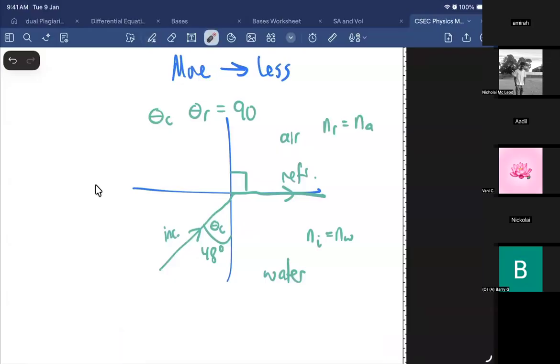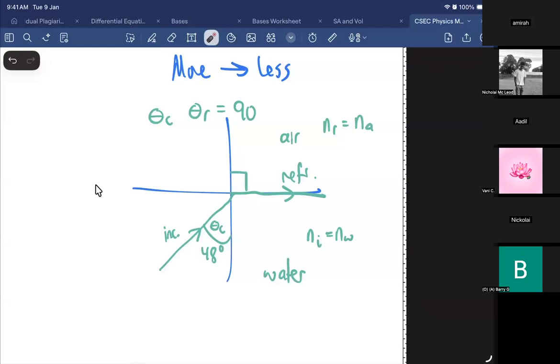So we're on the same page, right? ni would just be nw because ni is asking us the refractive index wherever the incident ray is. The incident ray is in water, so nw. The refracted ray is technically in air, so the refractive index for that will be na because it's in air.